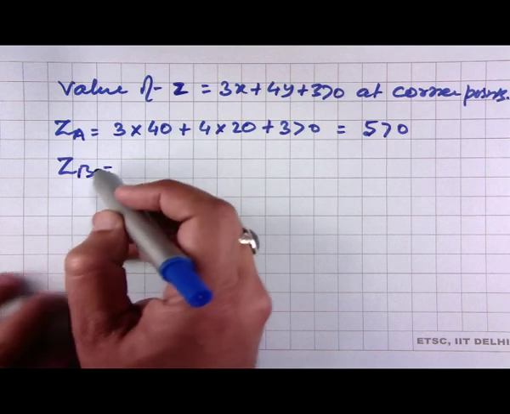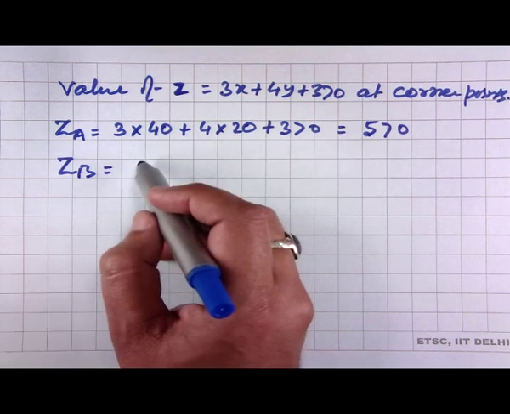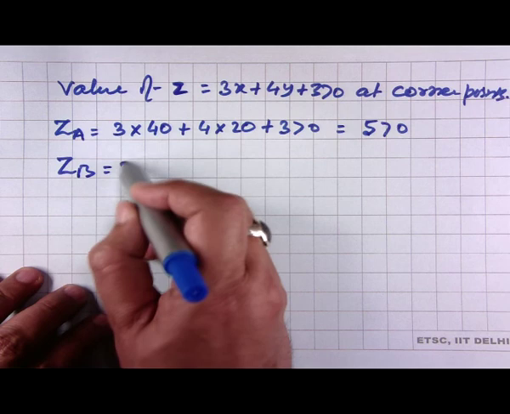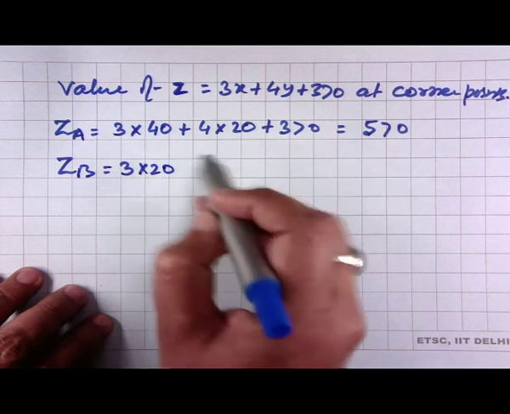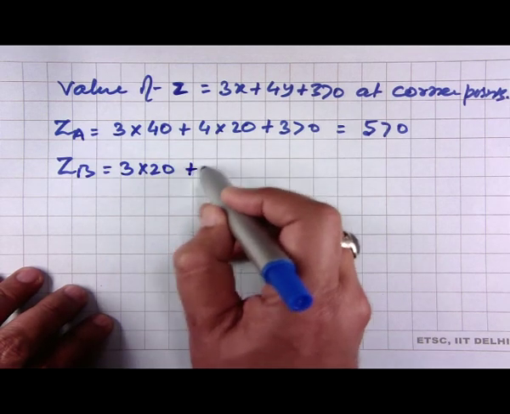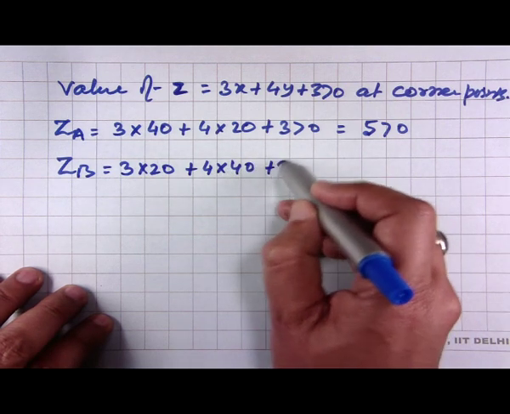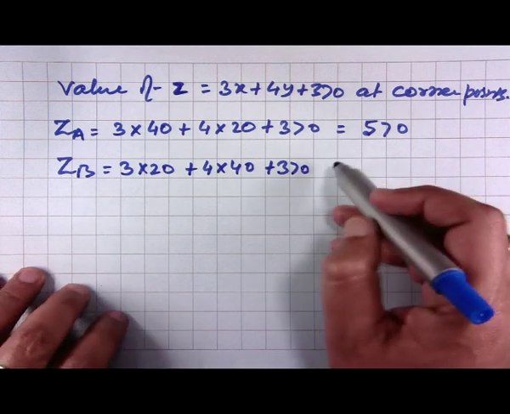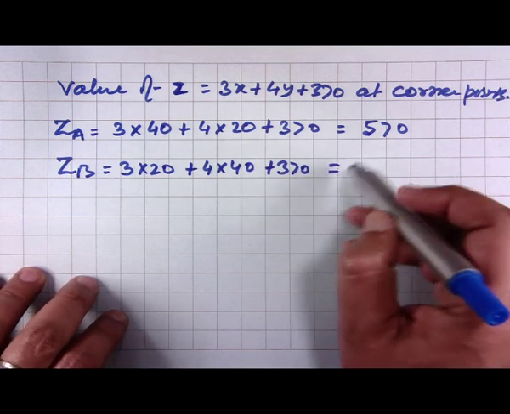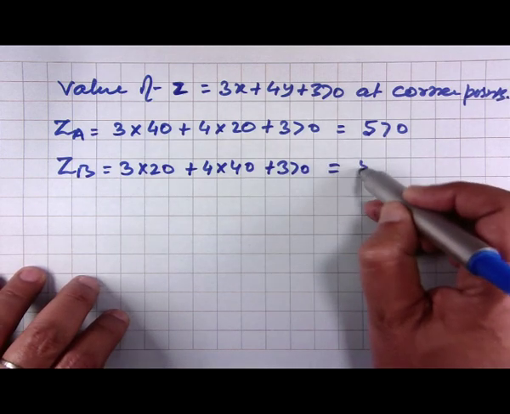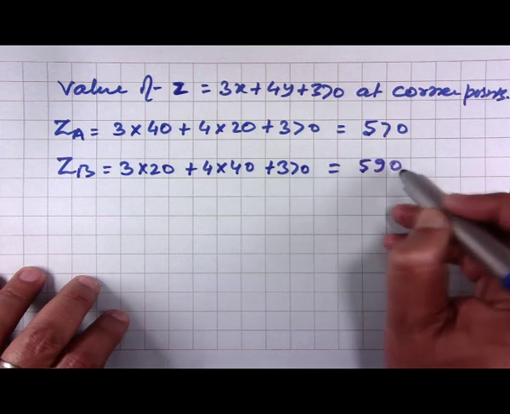Z at B, 3 into 20 plus 4 into 40 plus 370 equal to 590.